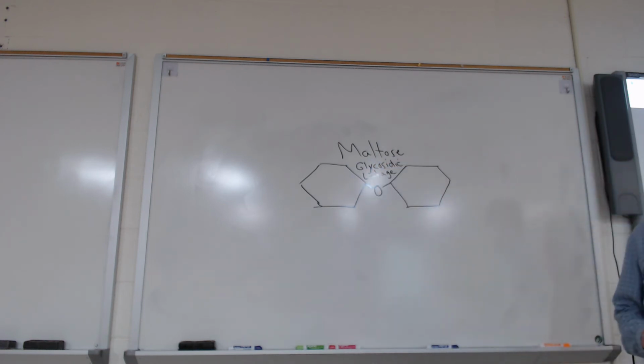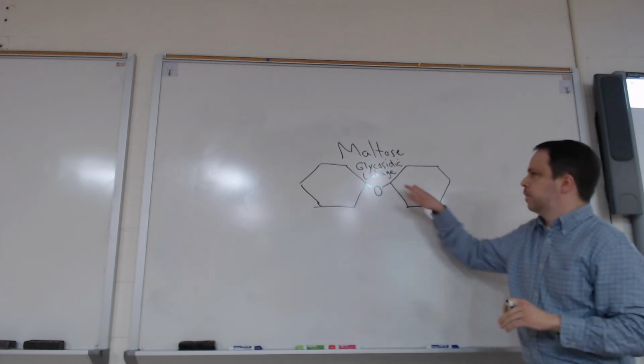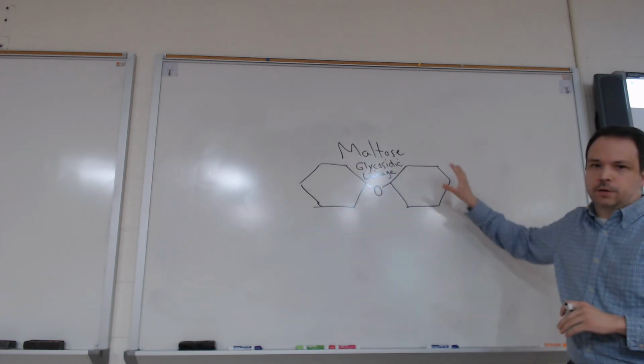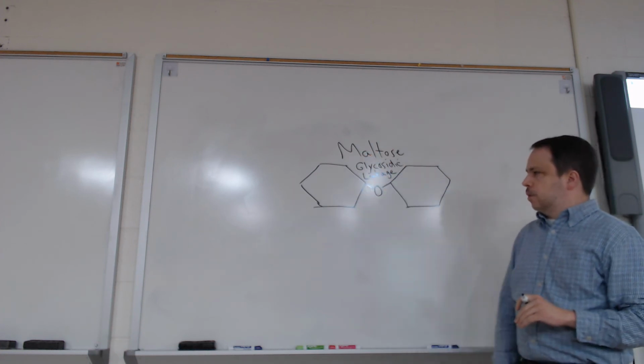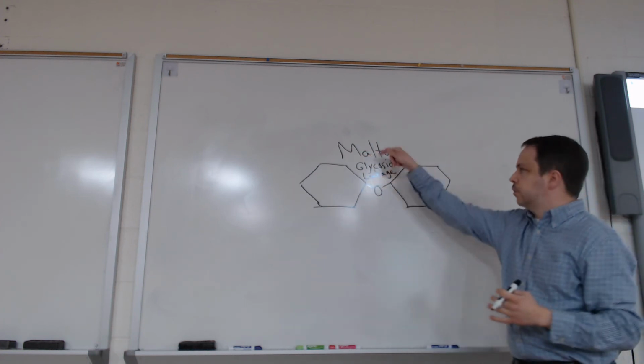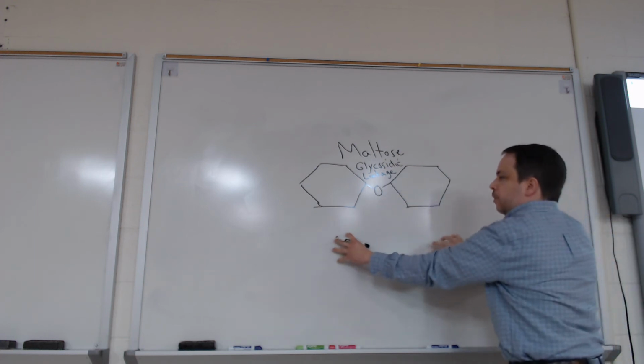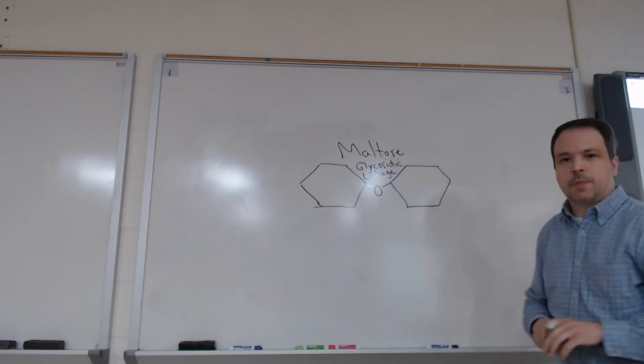Glycosidic linkage. Holding these two things together, bonding them together. So we have one polymer here. Once we add water to this, it's going to break this linkage and create two separate monomers.